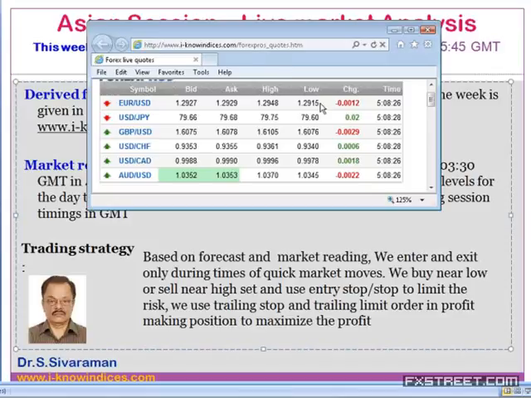So we don't use a stop in a loss-making position, because if we do, what happens? The players try to hit the stops most of the time during the session start time, either on the upside or on the downside, and then make the move as per our expectations.